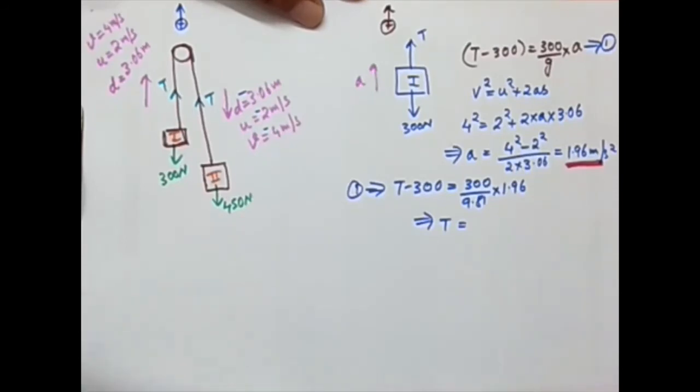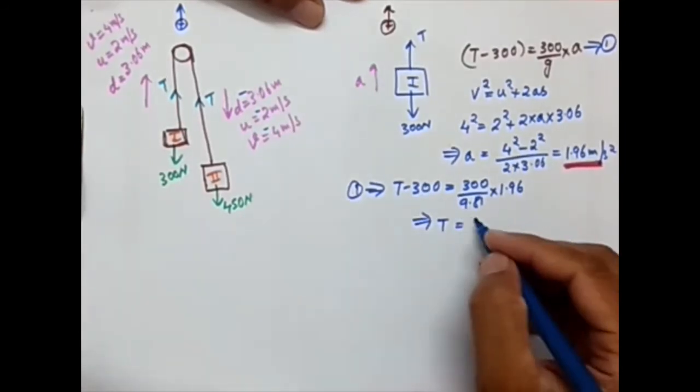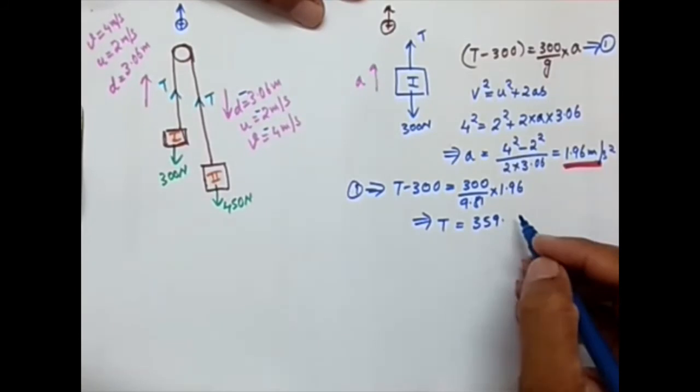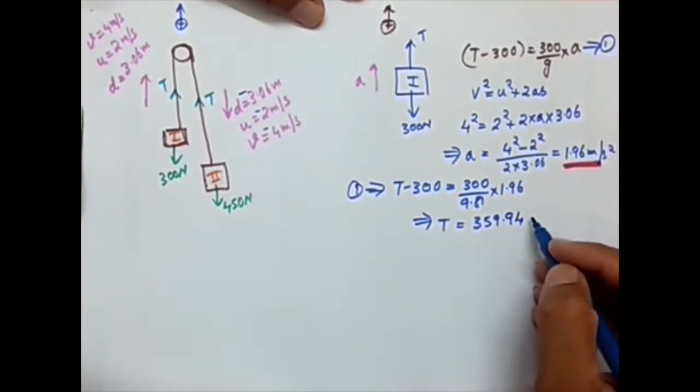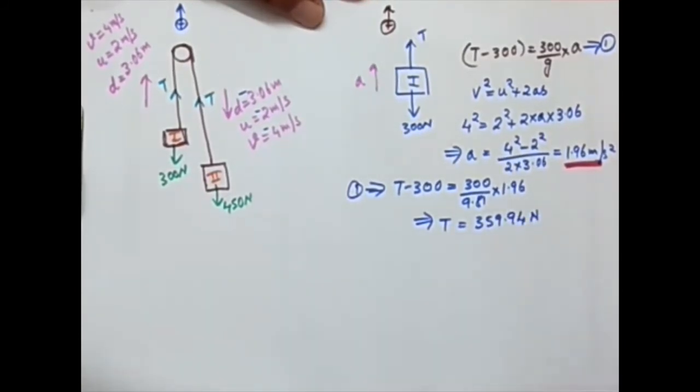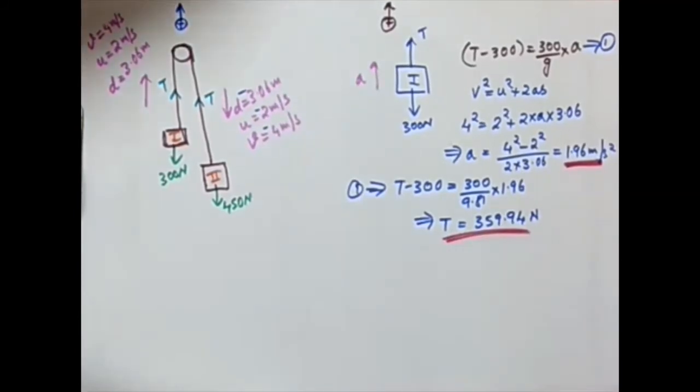I'm going to get the value as 359.94 Newton. Okay, that's one way of solving for the value T. That was using the basic equations of motion and D'Alembert's principle.